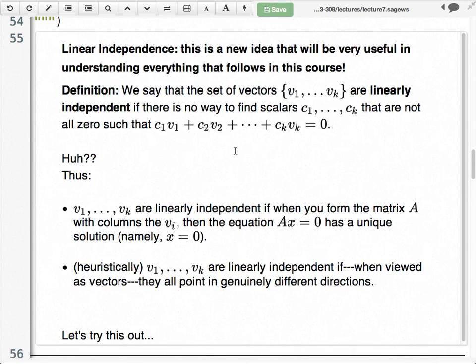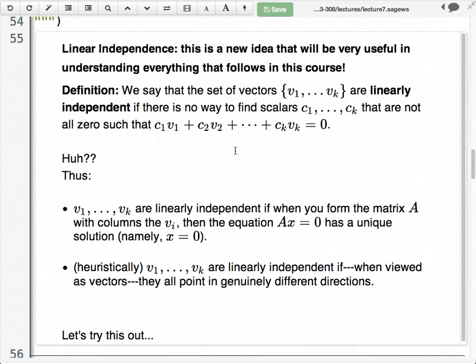Okay, great. So you're pretty good at the case when n equals 1. Let's try some examples when n equals 2. All right, so first example, I'll make v1 be the vector 1, 2.